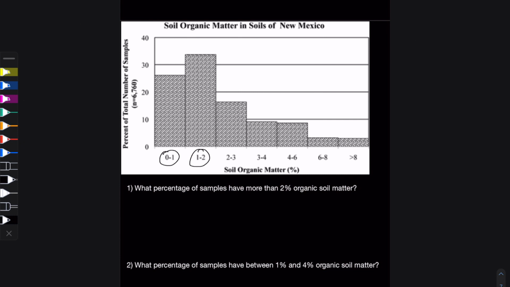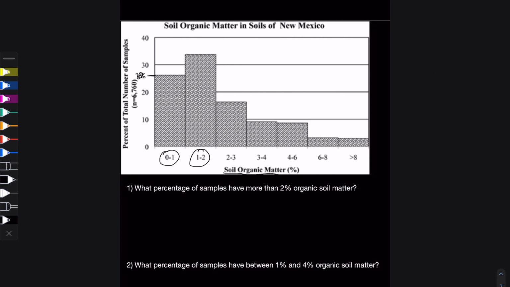So if we see 0 to 1, this would be about 26%. So 26% of the samples contain soil organic matter, which is our explanatory variable, or our x variable, from 0 to 1%, is basically what all it's saying.